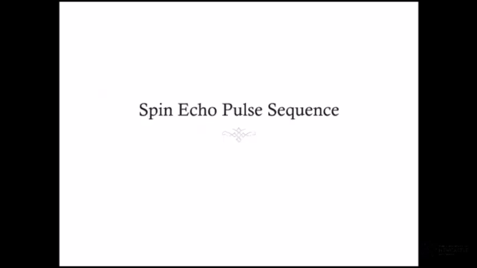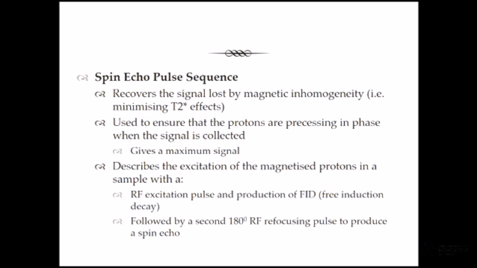So let's talk about the spin echo pulse sequence. A spin echo pulse sequence recovers the signal lost due to magnetic inhomogeneity, therefore minimising those T2 star effects. An example might be if we wanted to image someone that's got an implant, say we were doing a shoulder MR, and we know they've had surgery and have some metal in that shoulder.